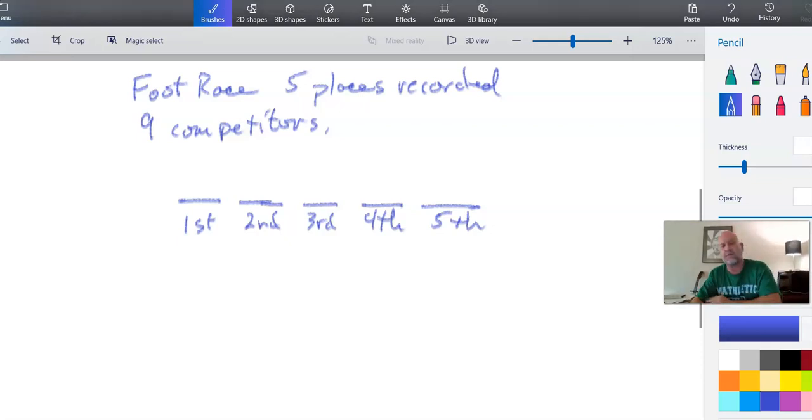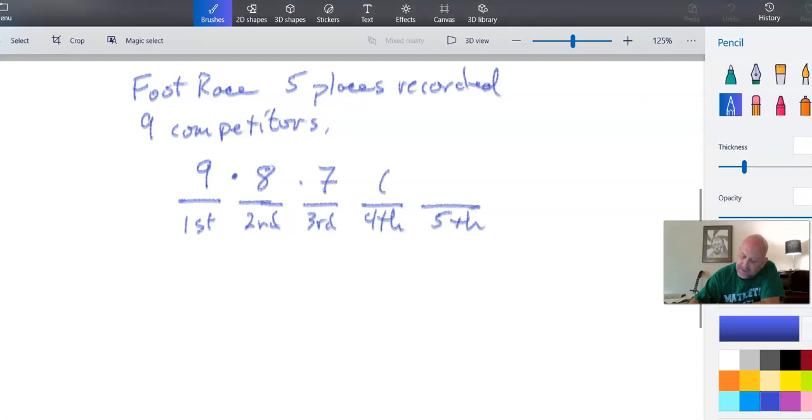And let's look at what choices we have now. For first place, there are 9 choices. There's 9 competitors, so that goes into our first spot. If we used one up on the first place, that means there are 8 left to choose from for second place. And then for third place, there are 7 choices.